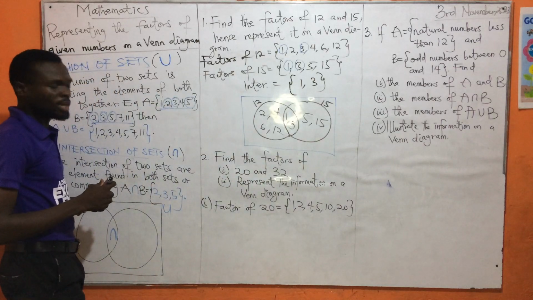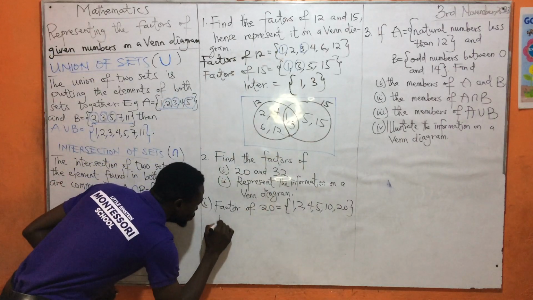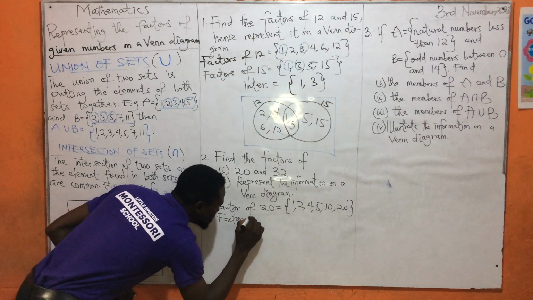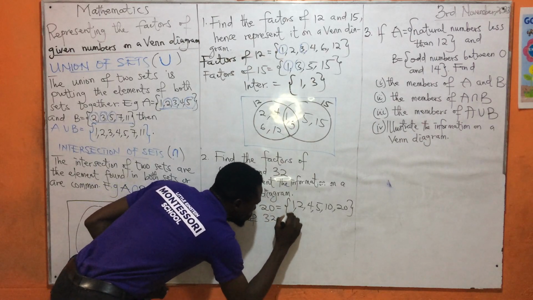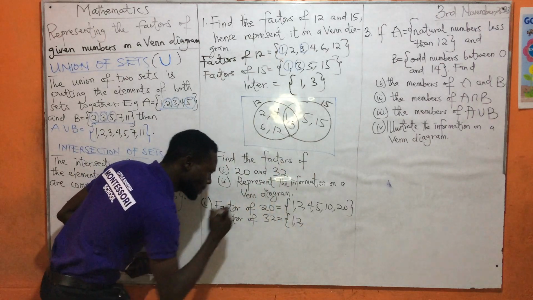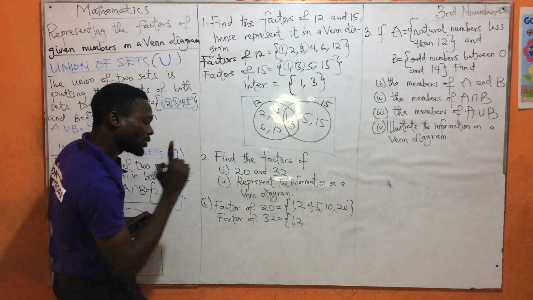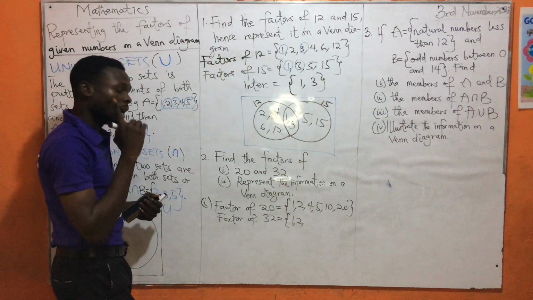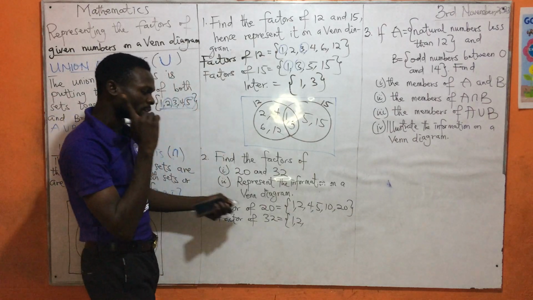These are the factors of 20. Then I go for 32. Factors of 32. I have 1, I have 2, I have 3 is not a factor of 32 because there is no number times 3 that will give you 32.